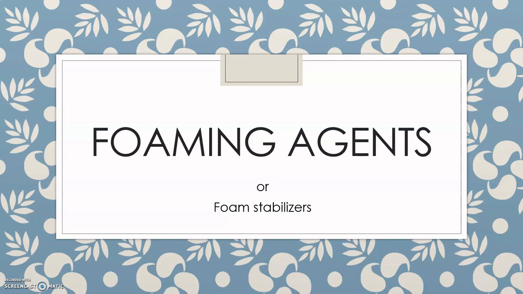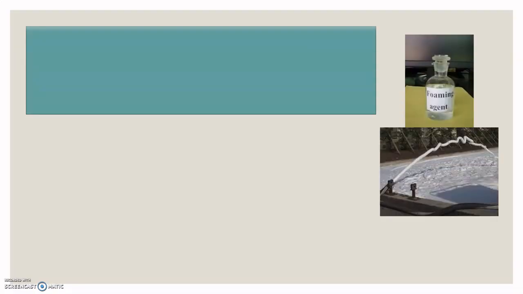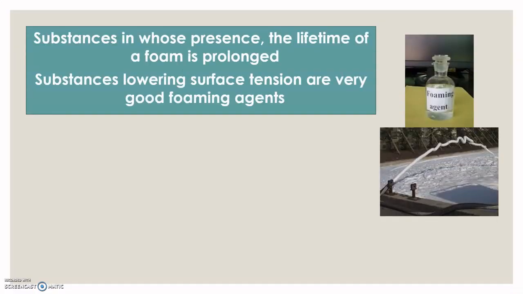Now let's see foaming agents, which are also called foam stabilizers. Foaming agents are substances in whose presence the lifetime of a foam can be prolonged. And good foaming agents are usually substances which can lower surface tension.